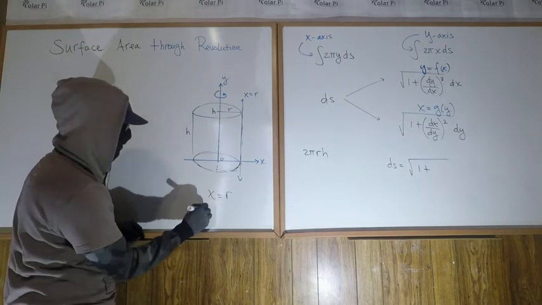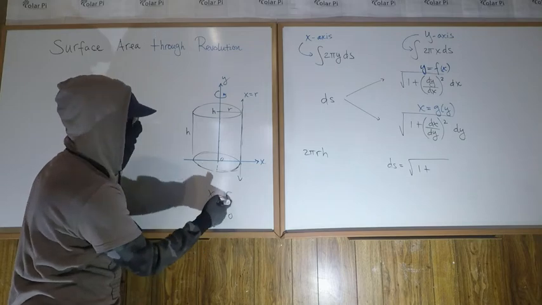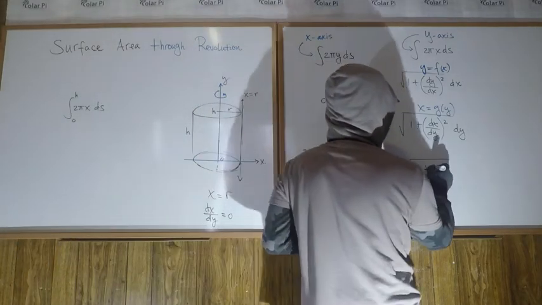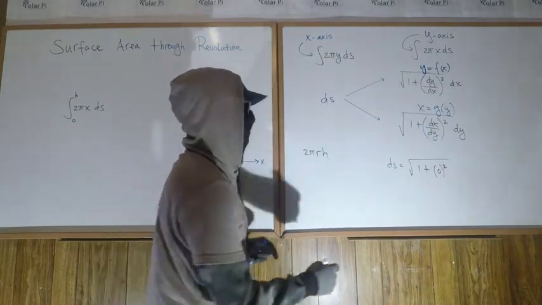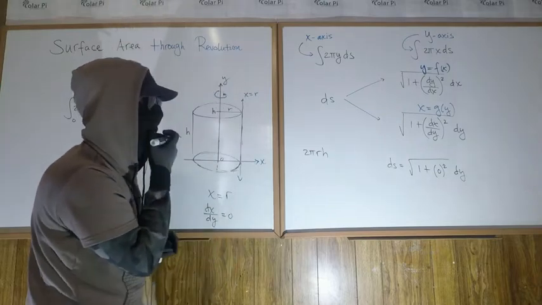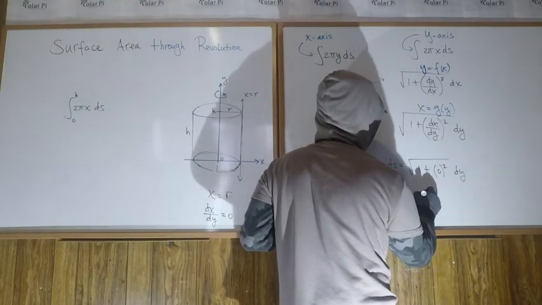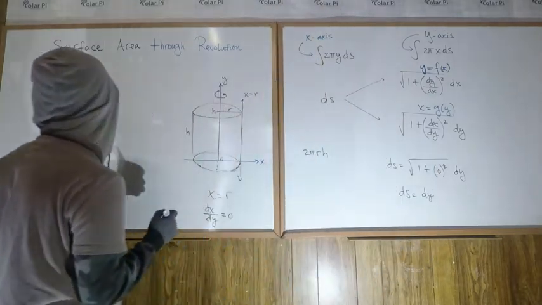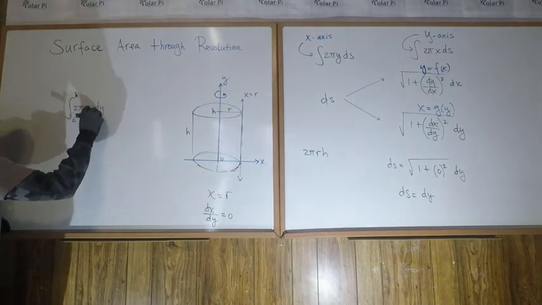But if x is r, dx/dy is going to be equal to 0, because r is a constant. So ds is simply the square root of 1, which is 1, times dy, so it's just dy. ds is just dy in this specific case. So I change this ds into dy.